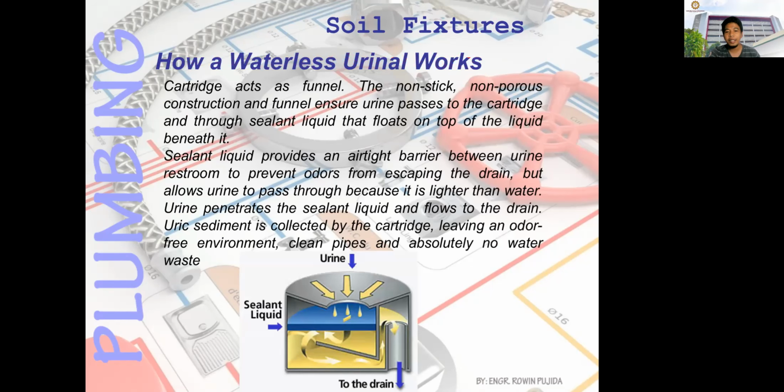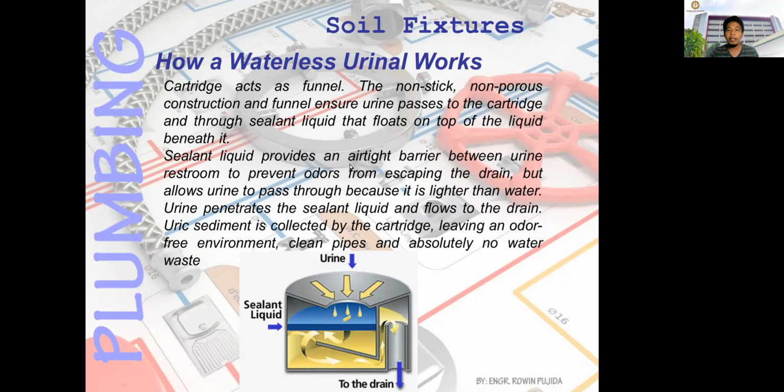Okay, so this is how the waterless urinal works. Sometimes you encounter this type of urinal and you are confused on how it works, even if there is no water involved. So a cartridge acts as a funnel. The non-stick, non-porous construction and funnel ensure urine passes through the cartridge and through the sealant liquid, which floats on top of the liquid beneath it.